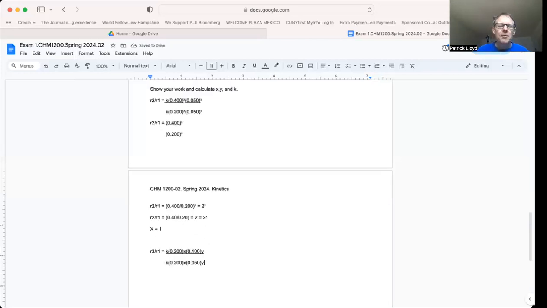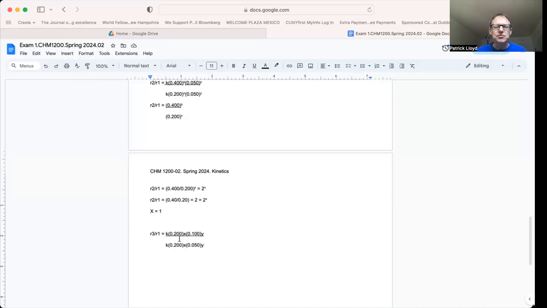So what happens is the K cancels, the 0.200 to the X cancels, and then you get R3 over R1 equals 0.100 to the Y divided by 0.050 to the Y. Just so I can put this all on one line, that would be 0.100 over 0.050 to the Y, which is 2 to the Y. Okay, so now we've got 2 to the Y. So the ratio of R3 to R1 is 2 to the Y. Okay, let me go ahead and superscript it.